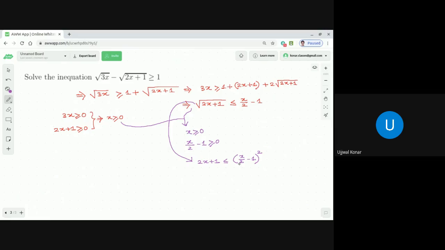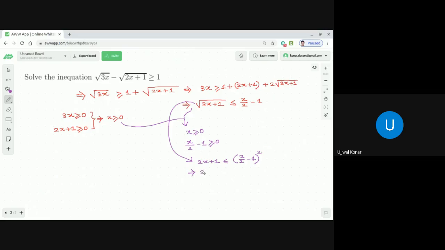Now you start solving this one. If you solve this, you will get an inequation, and from there you can find the solution. So what will be your solution set then? x is greater than or equal to 0, x is greater than or equal to half, and whatever solutions we get, we can do it quickly.